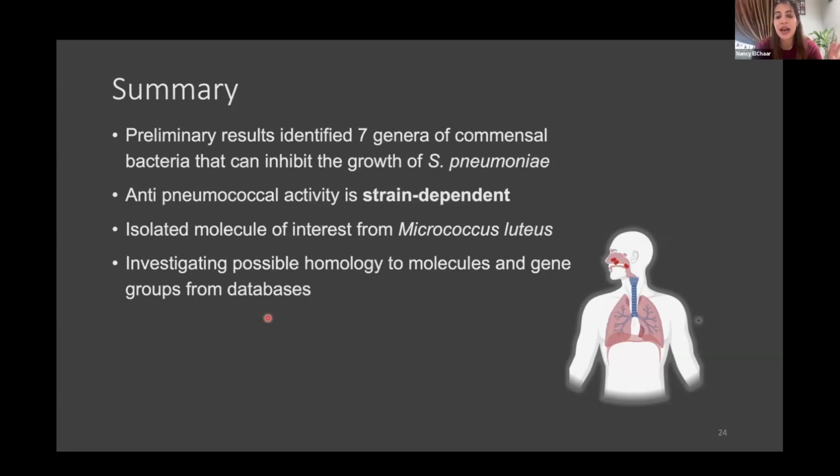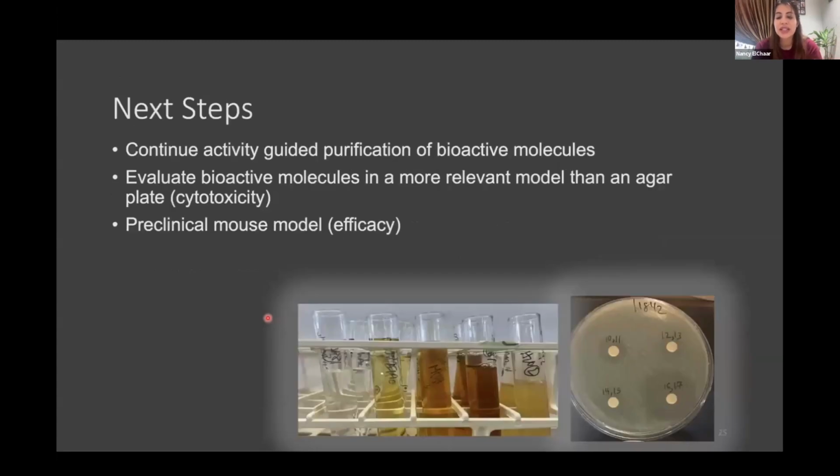The focus has been on the molecule of interest from M. luteus, where we are now looking to find its structure. And as for next steps, we want to find if more of these active secreted molecules can be found through activity-guided purification and comparative genomics. And ultimately, the goal is to find if these will be toxic or effective against host cells.